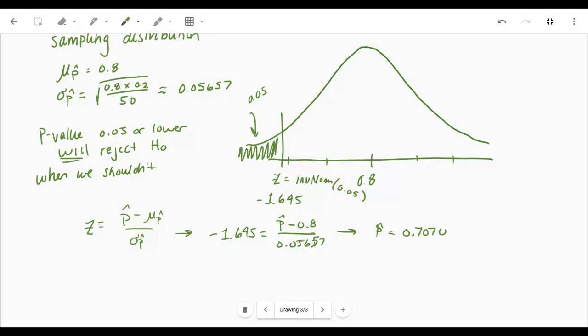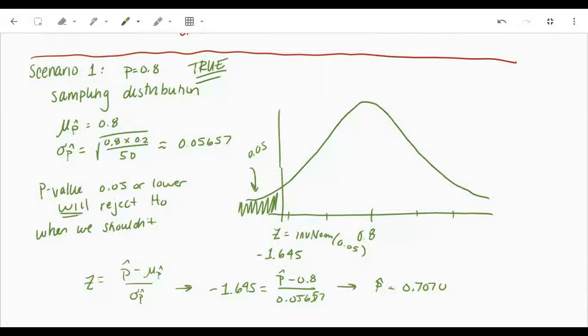So if we take a sample of these apples and we get 70.7% or higher good apples, we are going to accept our truckload. And if it's anything less than that, we are going to reject our truckload.